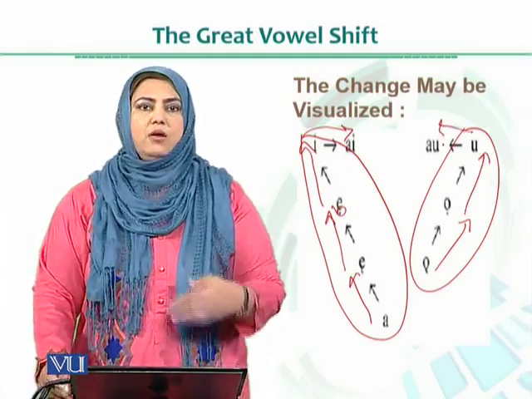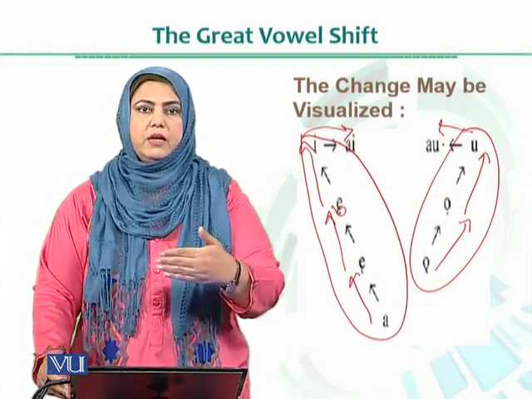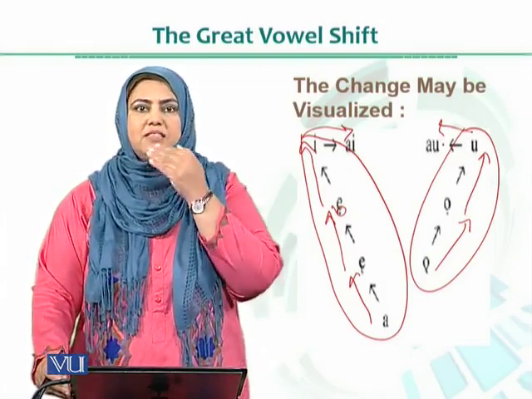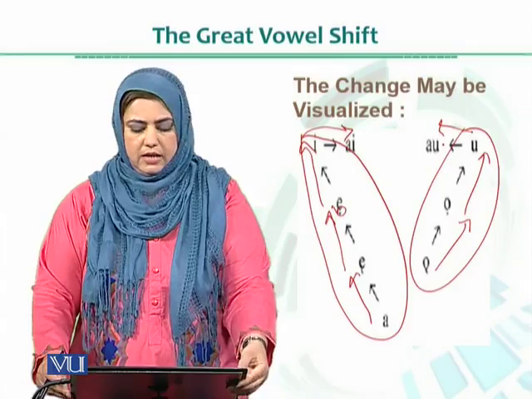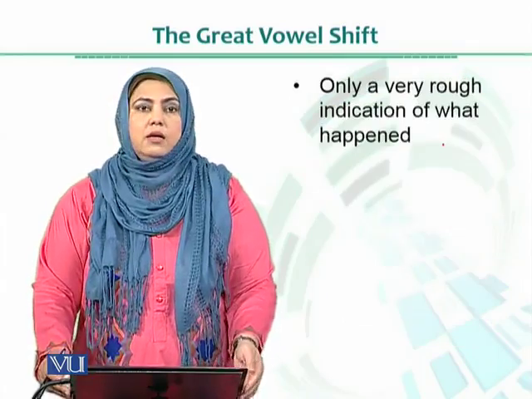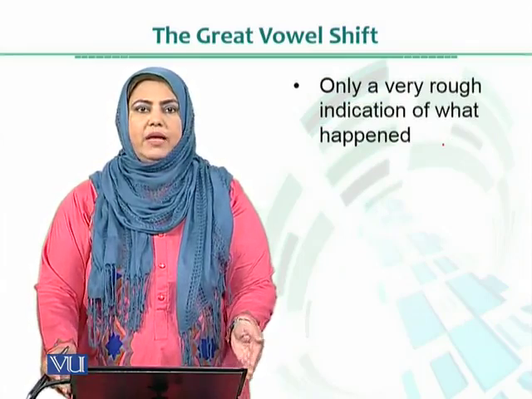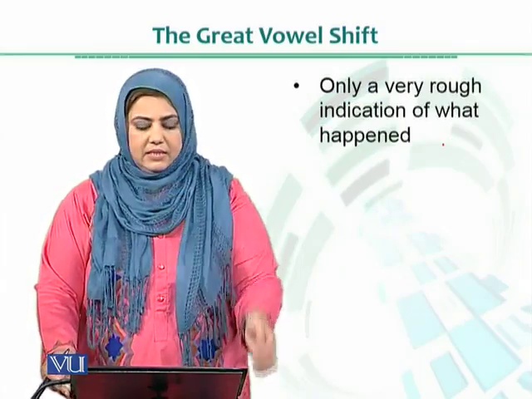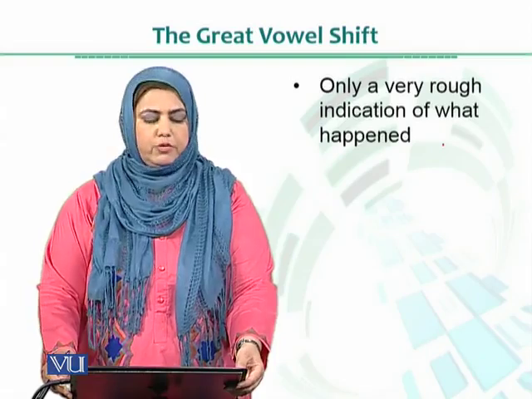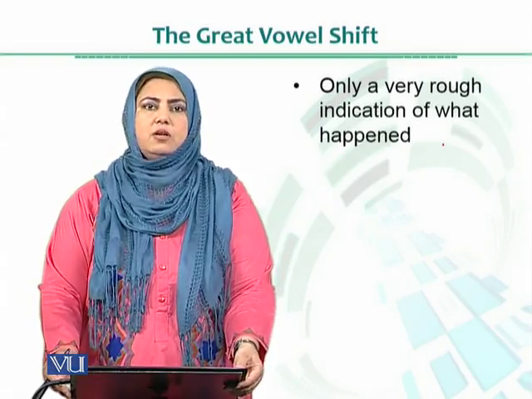So this is how these sounds were gradually shifting from one place of articulation to another. My dear students, this diagram is just a rough indication of what was happening. Exactly, this is not the case.